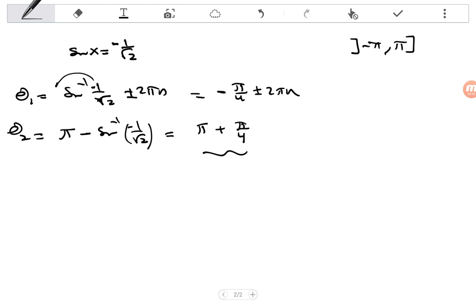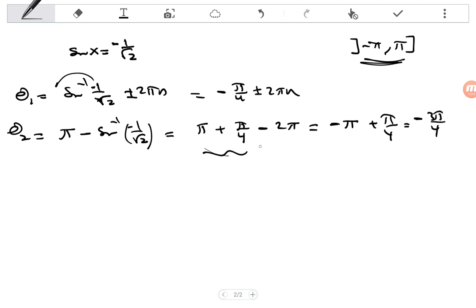So we look for an equivalent angle which belongs to that interval. How would I do that? We subtract 2 pi from that angle, and in this case it will be as if we are saying minus pi plus pi over 4. And in this case it will just be minus 3 pi over 4.